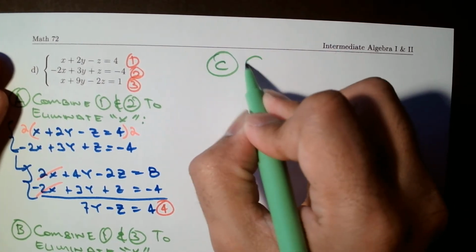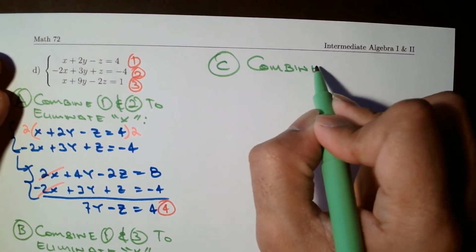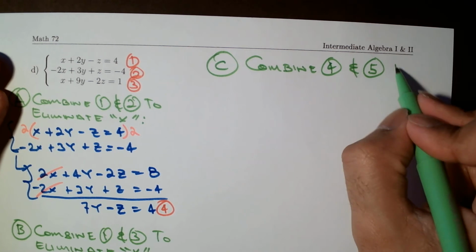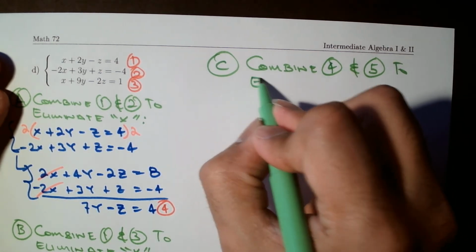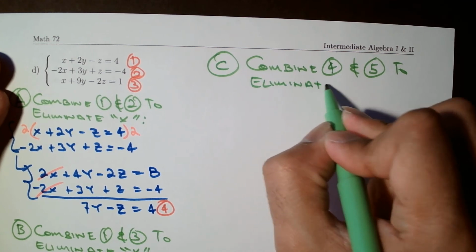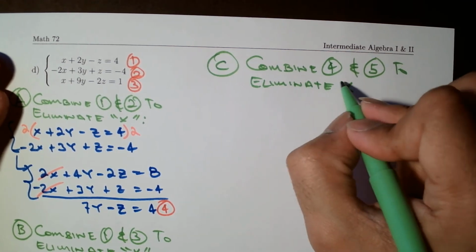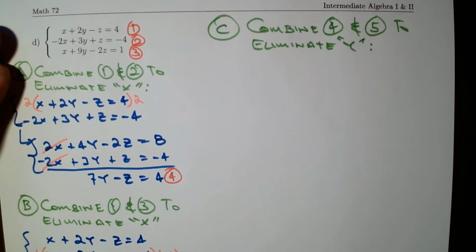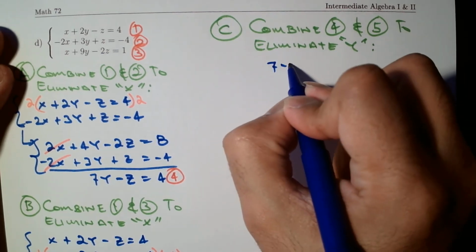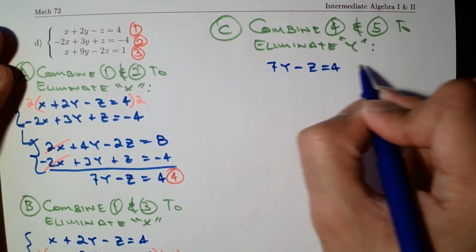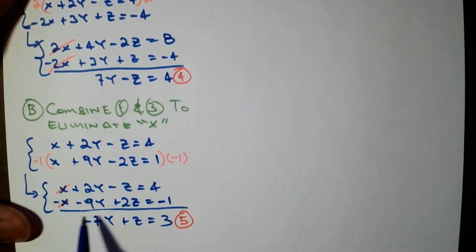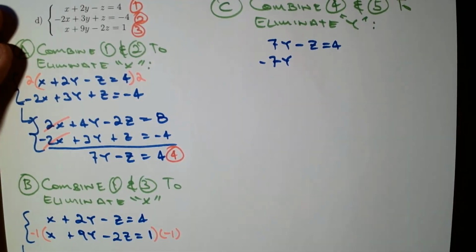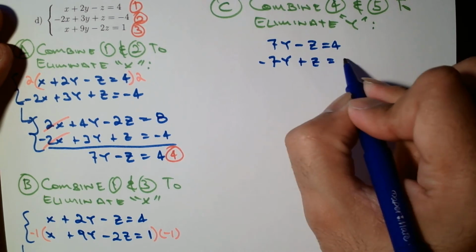So what we're going to do next is combine 4 and 5 to eliminate y. So let's write down equation 4, which is 7y minus z equals 4, and equation 5, which is negative 7y plus z equals 3.